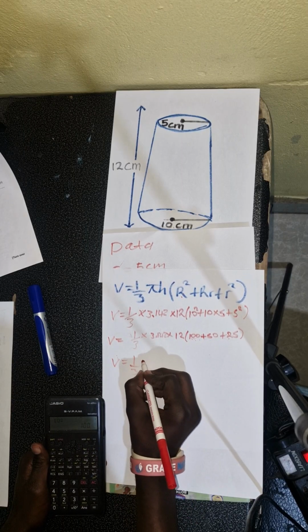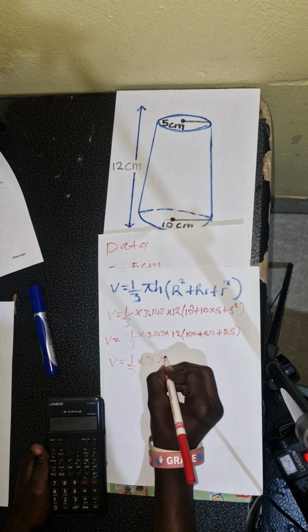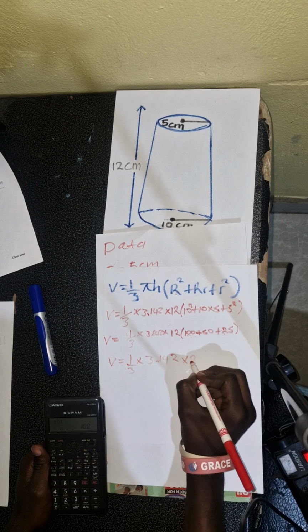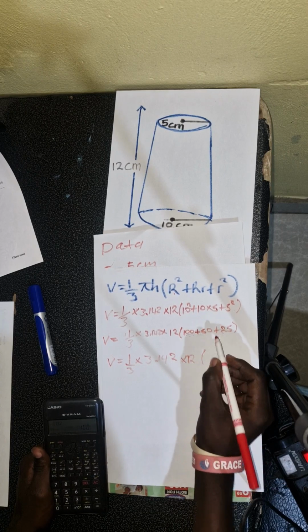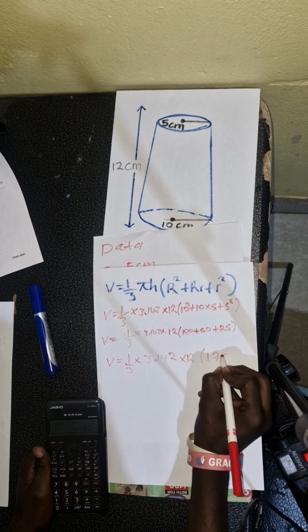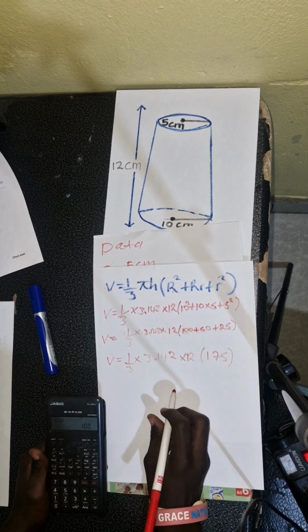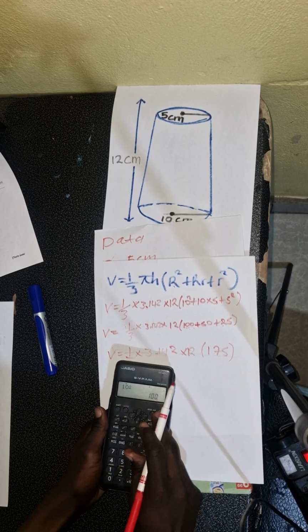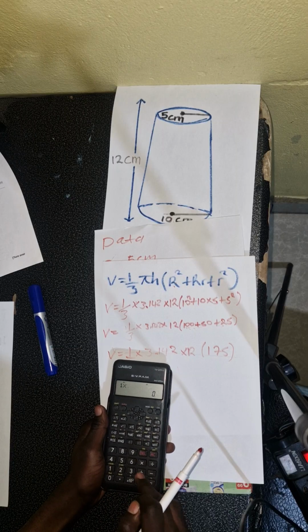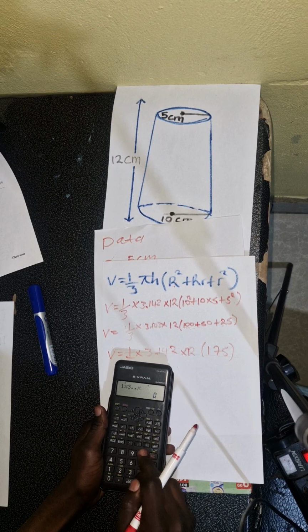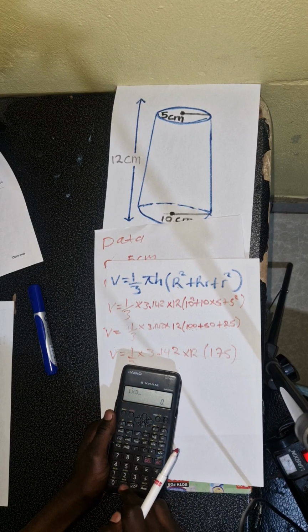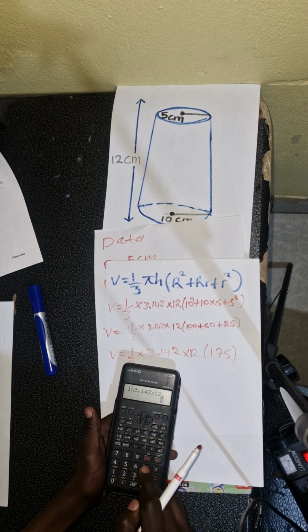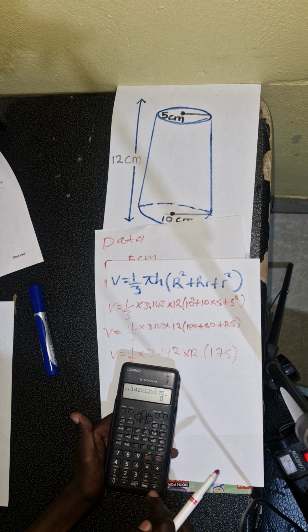So it's 1 over 3 times 3.142 times 12 times 175.